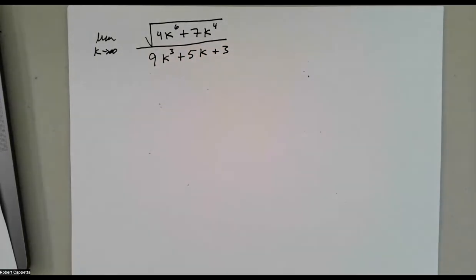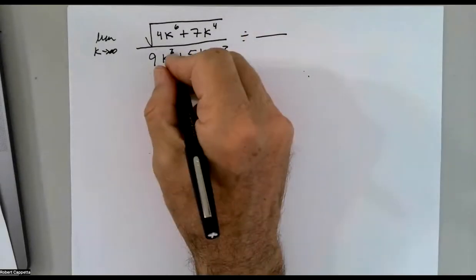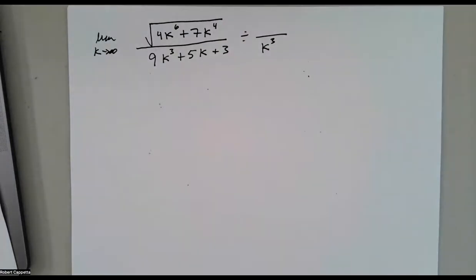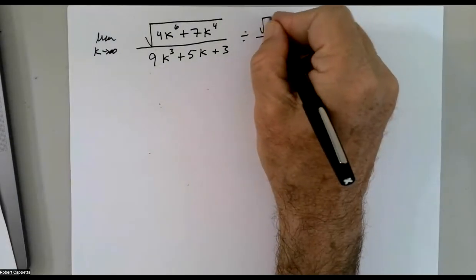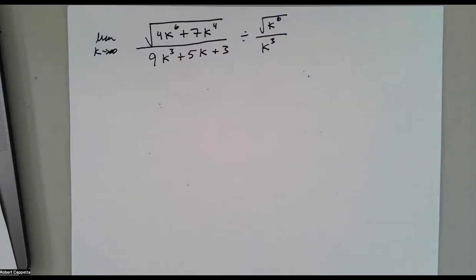All right. Now I want to divide top and bottom by the same thing. What am I going to divide the top and bottom by? The highest power. So that's k cubed. Divide the bottom by k cubed. Divide the top by k cubed. But I'm going to think of k cubed as the square root of k to the 6th, which again, since everything is positive, I don't need to be concerned with absolute values.